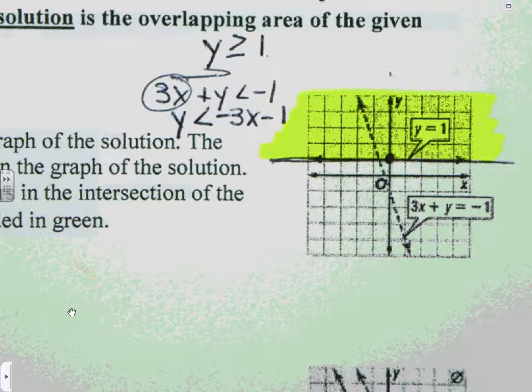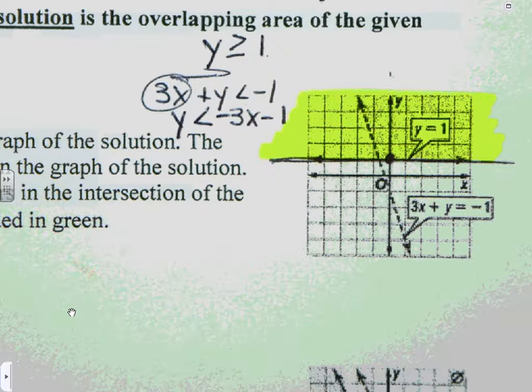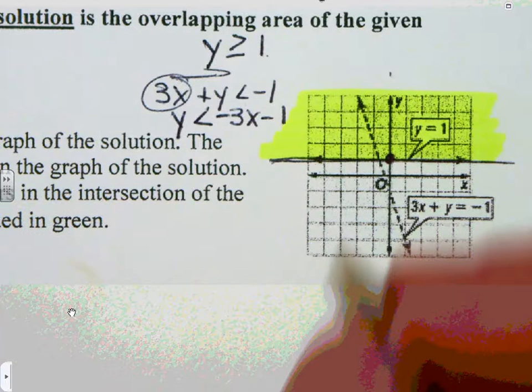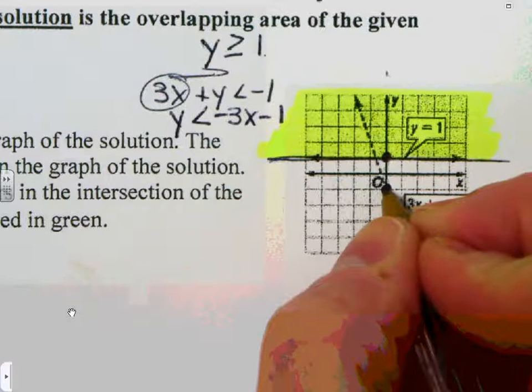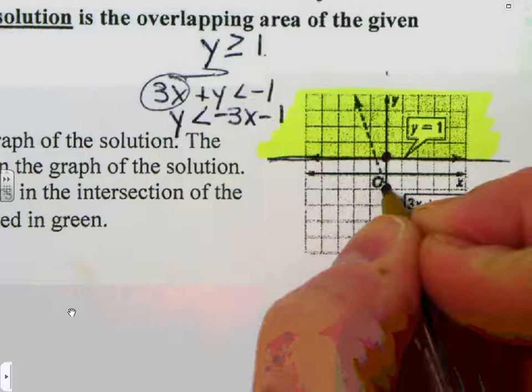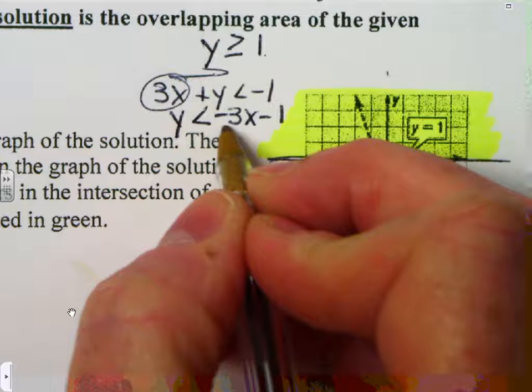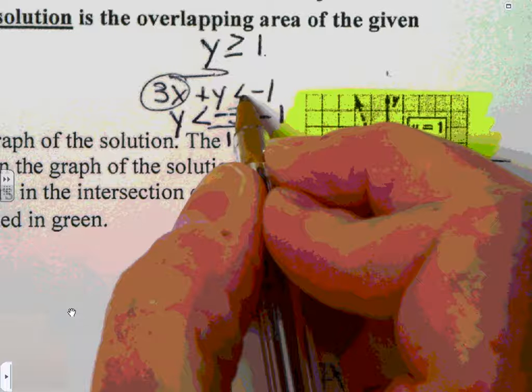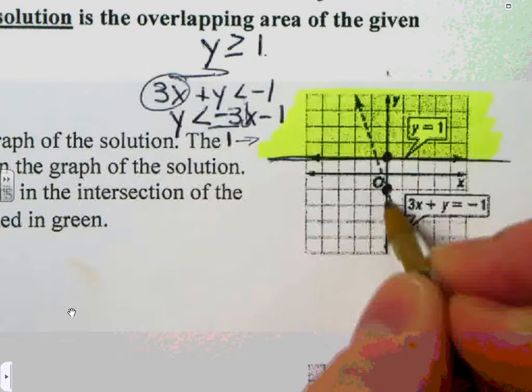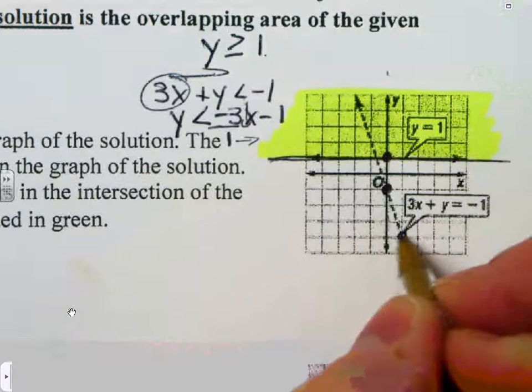What's my begin here point? Negative 1. So I'm going to put a dot on the y-axis at negative 1. My slope is a negative 3, so I should go down 3 spaces and to the right 1.